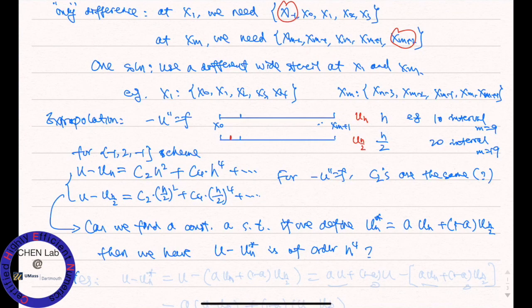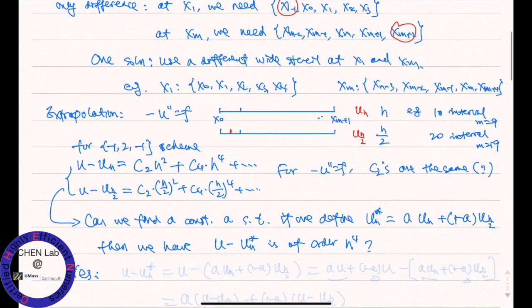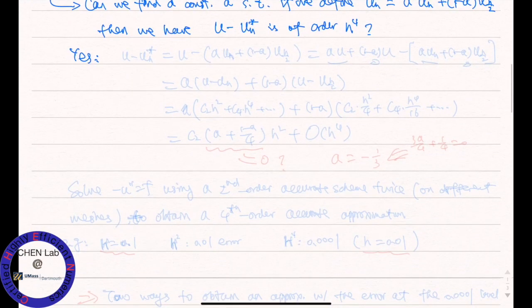So the answer is actually yes. If you look at the error, U minus U_h star, given the assumption of U_h star, this is (a U_{h+1} minus a U_h) over 2.